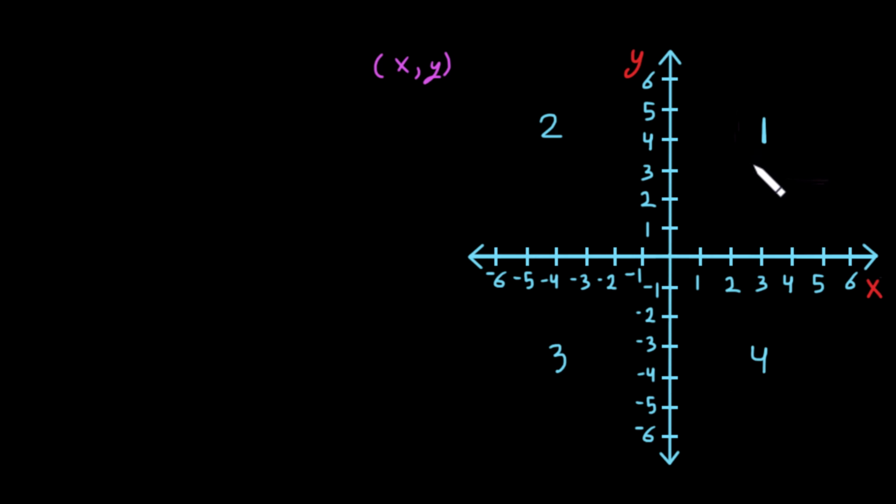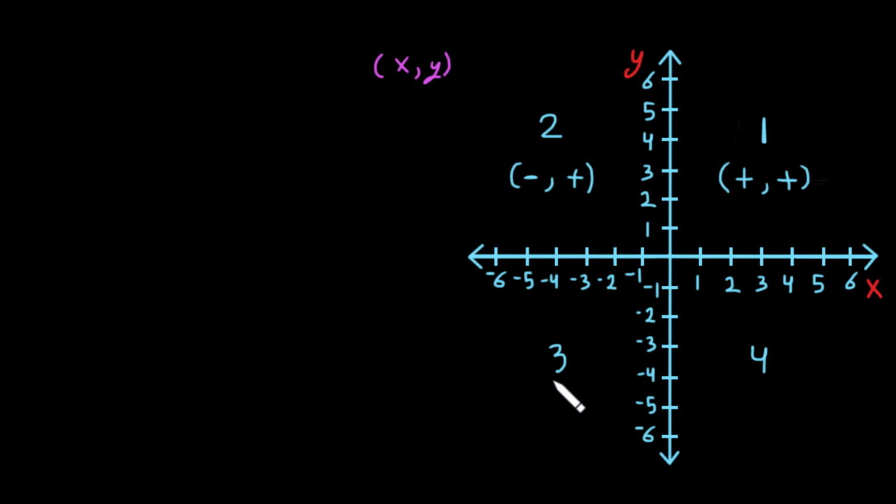In the first quadrant, since it's positive to the right and positive up, x is positive and y is positive. In the second quadrant, x is negative and y is positive because it's up.